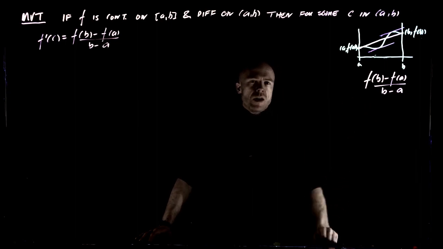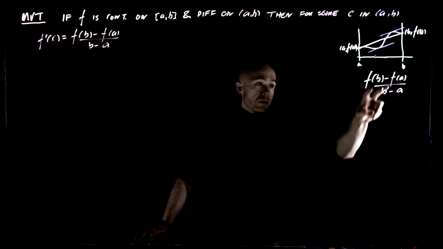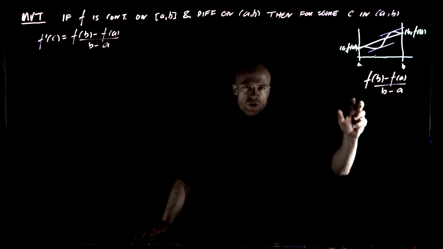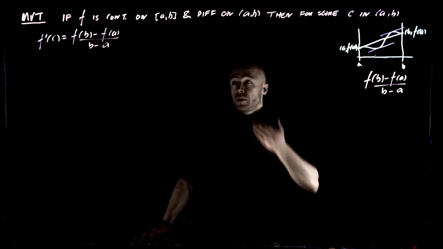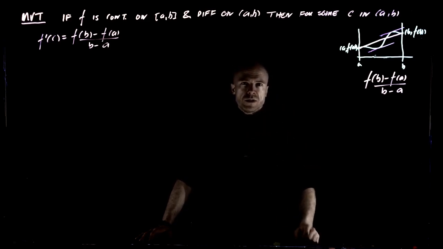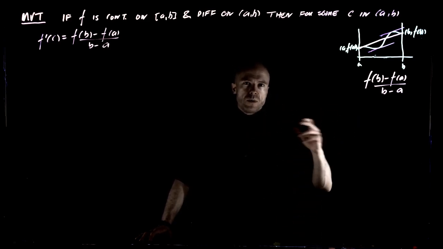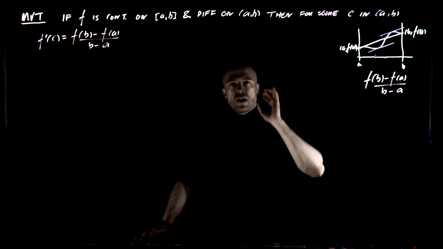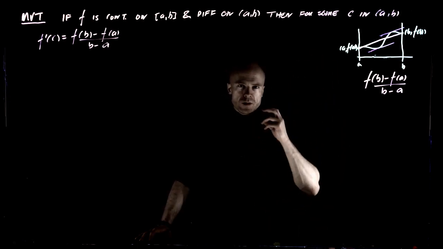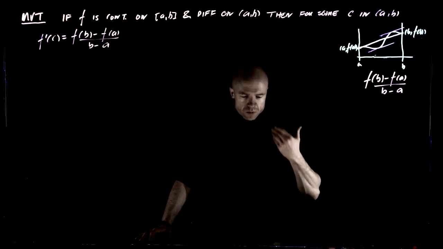And this is the time interval. So this divided by this is how far we travel over the time interval, which is the average velocity. And the statement of the mean value theorem is that there is some time between A and B, at least one, but possibly many more, such that our instantaneous velocity at that time is the same as the average velocity. And of course, we believe that, right?